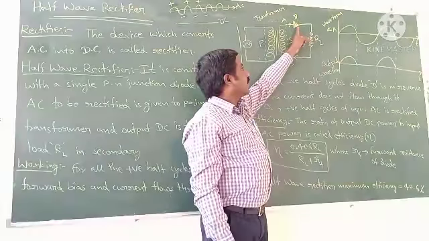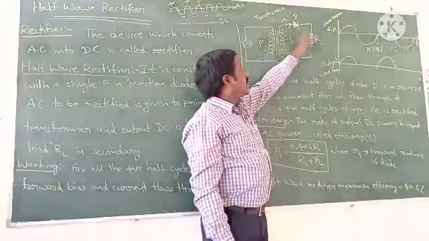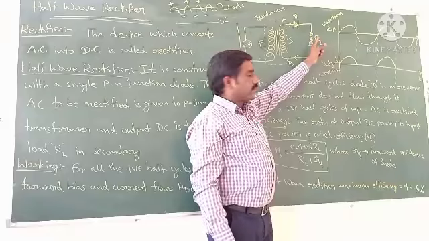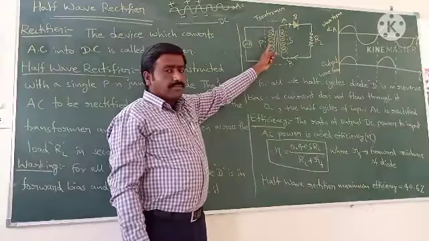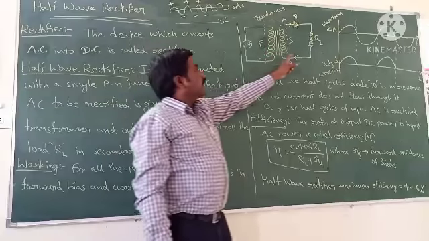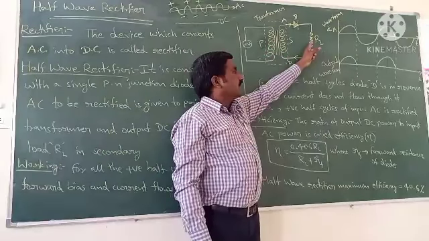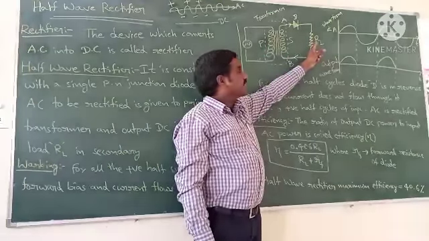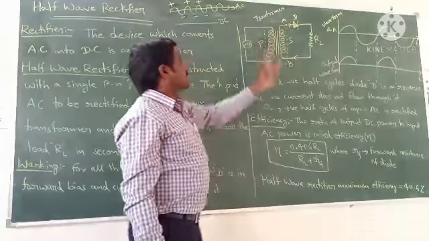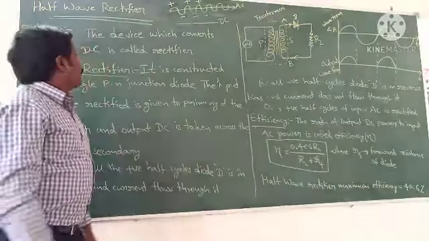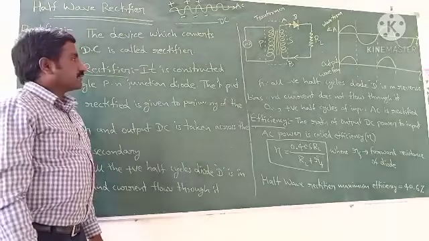So p-type, n-type, it is a semiconductor diode, and this is the load resistance. The input AC signal is connected to the primary circuit, and the output current, that is DC current, is taken across the load resistance. So this diagram represents the half wave rectifier.